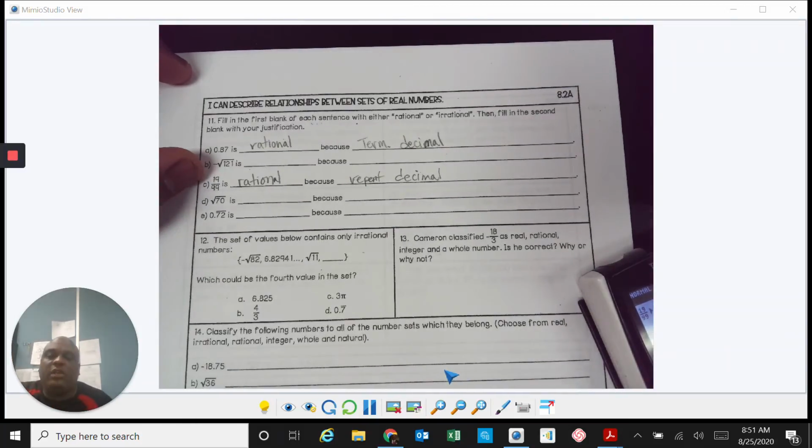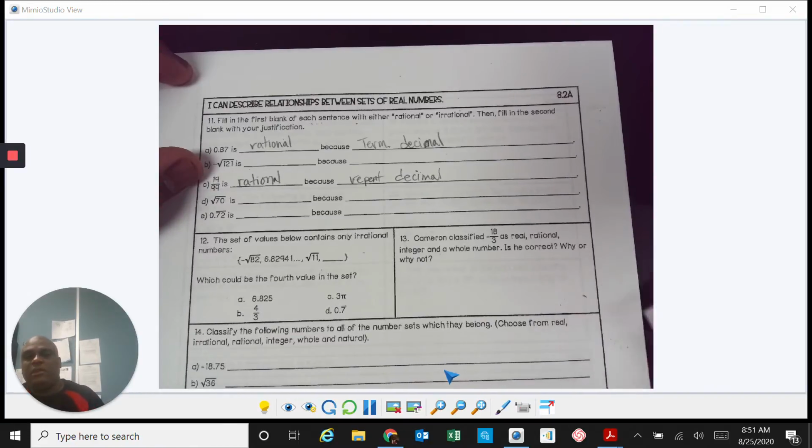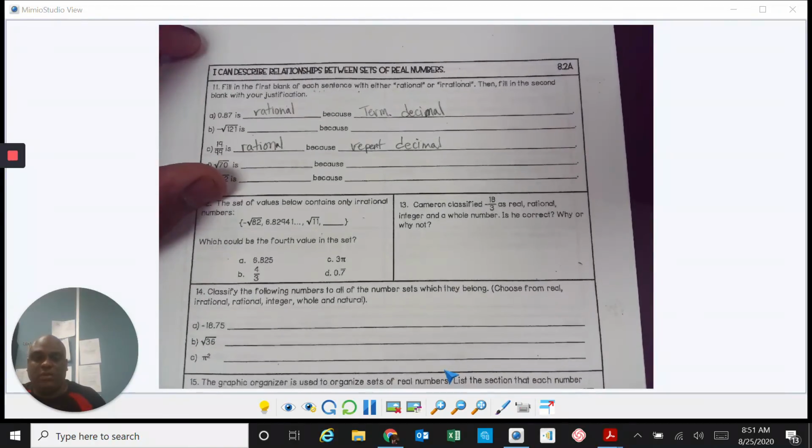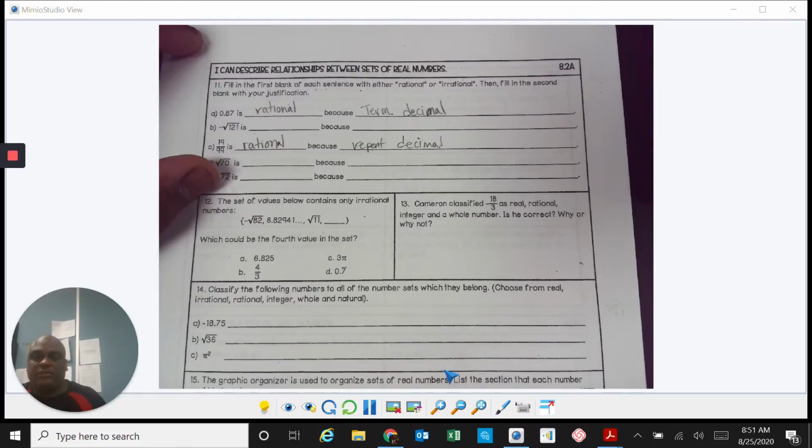Now, if it doesn't repeat or it doesn't terminate and it's not a whole number, then it will fall into the irrational category. Same thing here. This is just putting numbers in order. Let's see which one will be the fourth value. This set of values contains only irrational numbers.